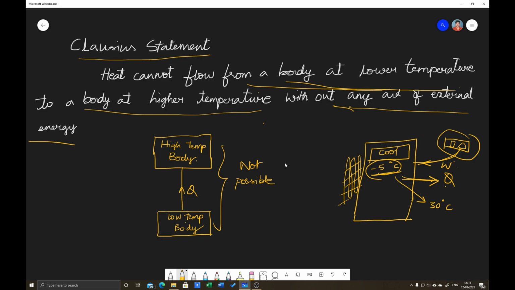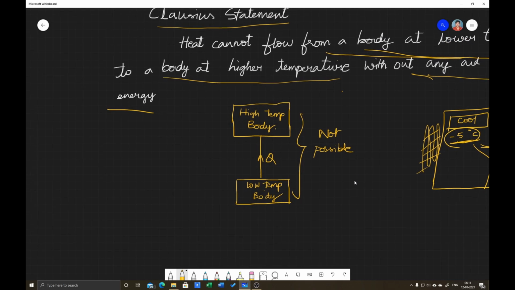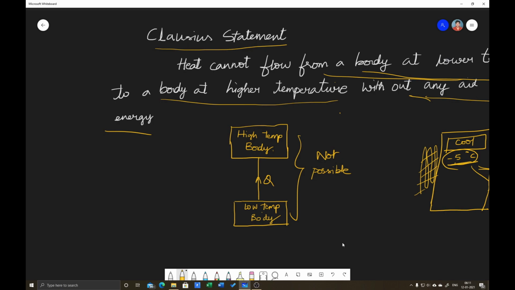Okay, so from this we can define a refrigerator. So this is a higher temperature body.